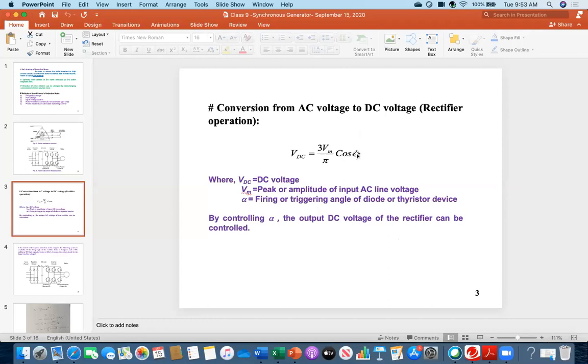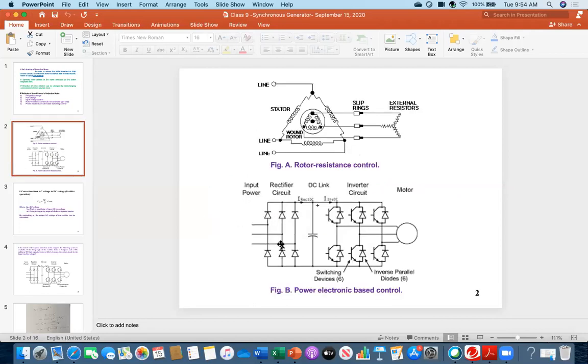And then cosine alpha: this alpha is the firing or triggering angle of the diode or thyristor device. Because there are 6 diodes, accordingly it is called a 6 pulse bridge rectifier or 6 pulse rectifier. For each diode, there is some delay. Immediately they cannot work. That is called the delay angle, or firing angle, or triggering angle.